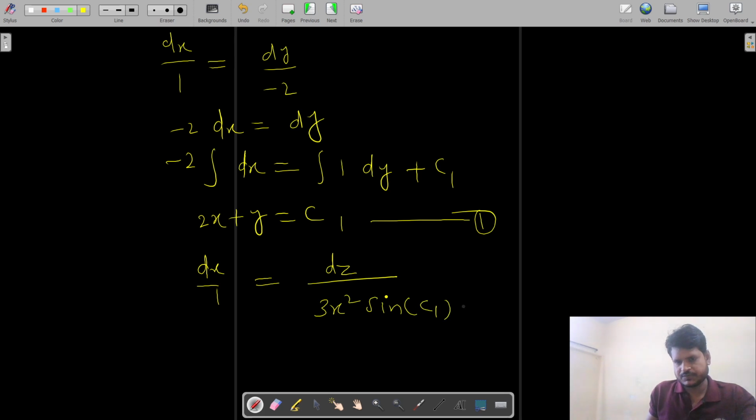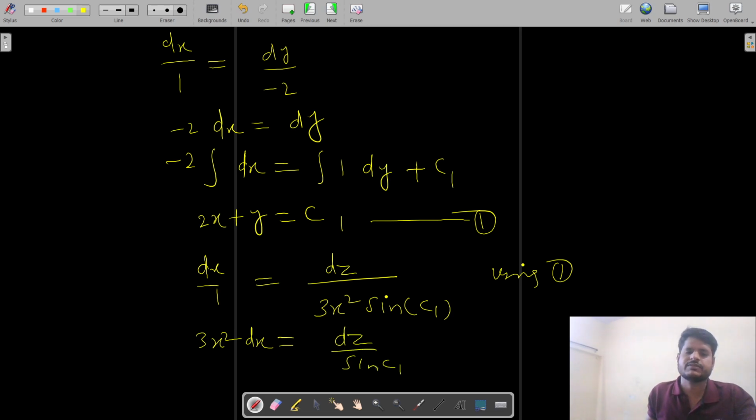I am using equation 1, so I think you can solve this. It is 3x square dx is equal to dz upon sine c1.